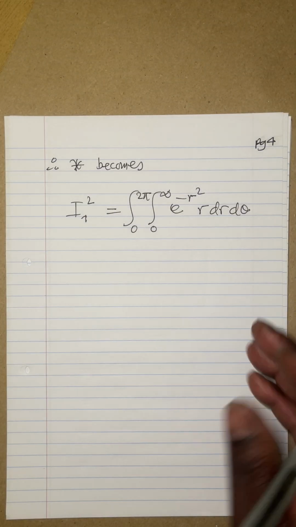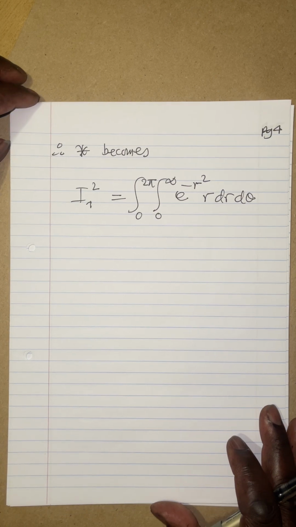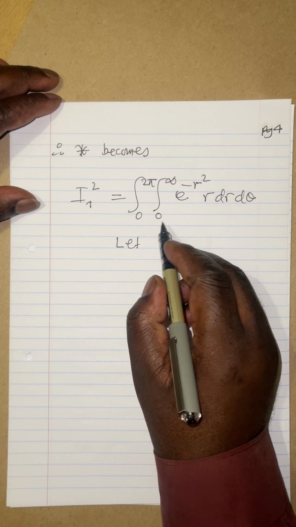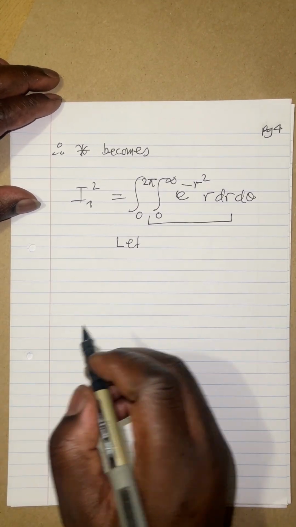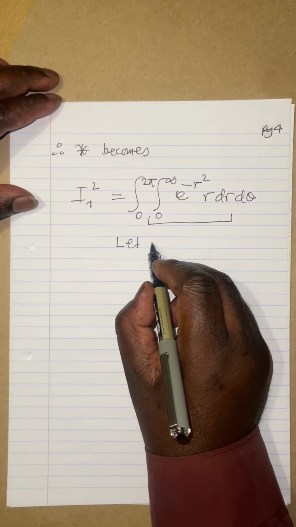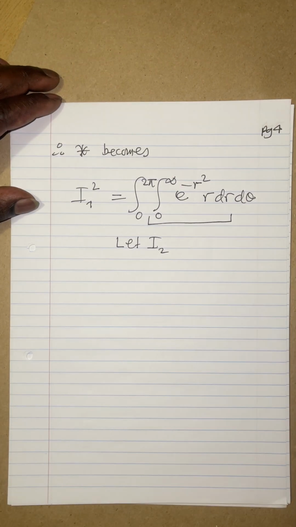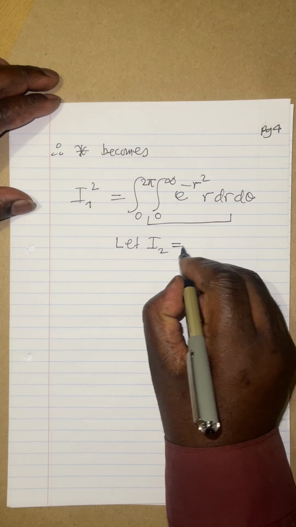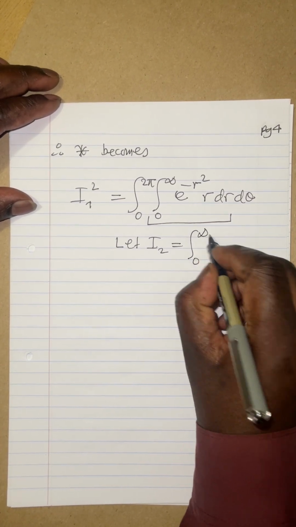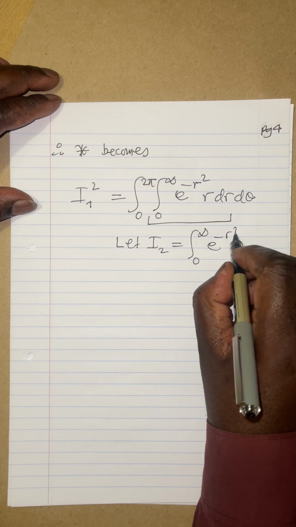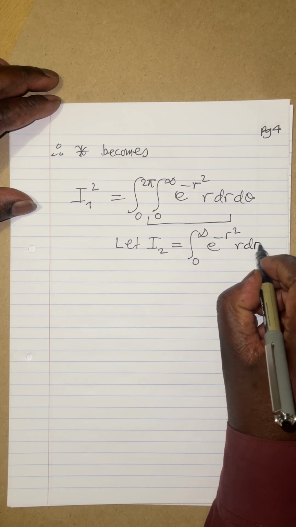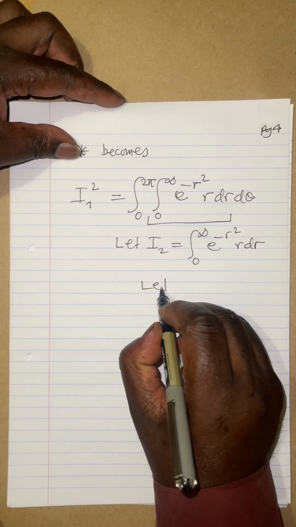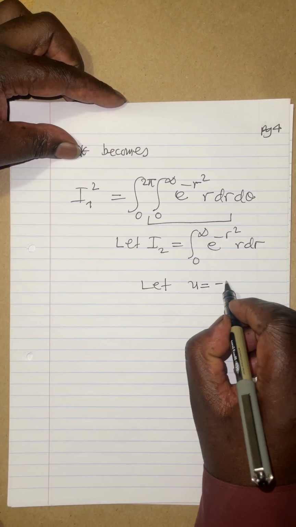Right, now this integral is easier to evaluate. As you can see, we're now going to use u substitution. We're working on the inner part. Let I2 be equal to the integral from 0 to plus infinity of e to the minus r squared, and then we have r dr. Now let u be equal to minus r squared.